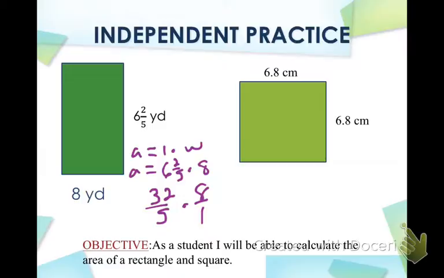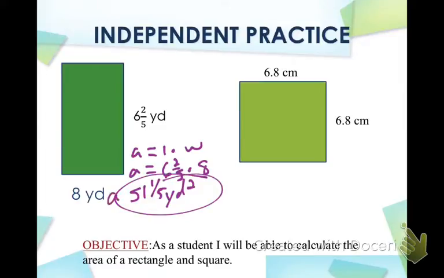And if you would do that, you're going to get a big old nasty number because nothing pre-simplifies, but in the end you should get 51 and 1/5, and it is yards squared. So that's the one you should get right now. I'm going to erase that to make more room. 51 and 1/5, just a reminder. Alright, 51 and 1/5 yards squared. That's your answer, and that is area equals.